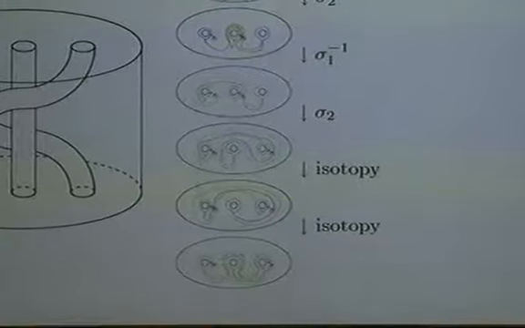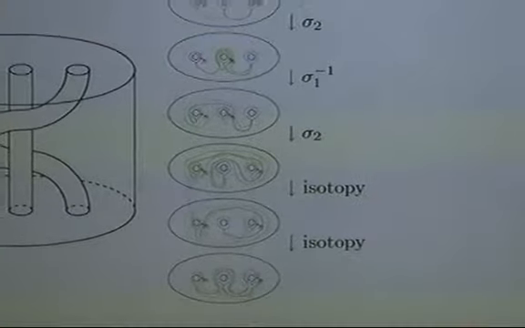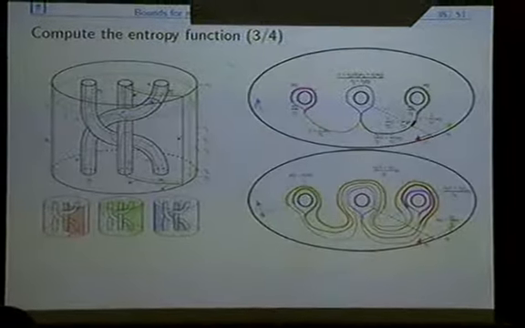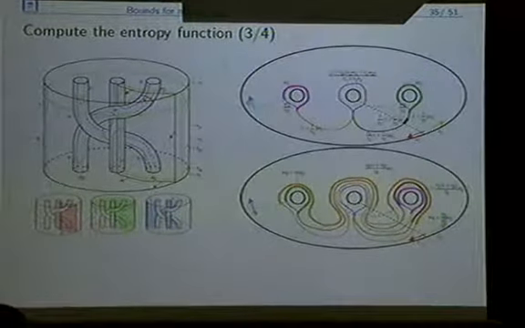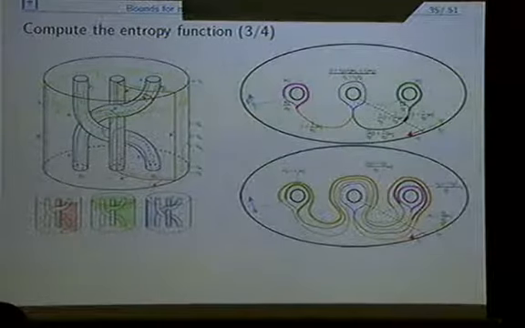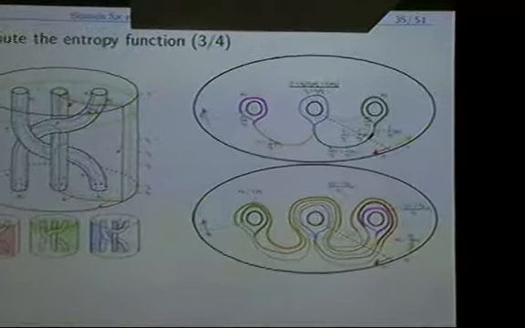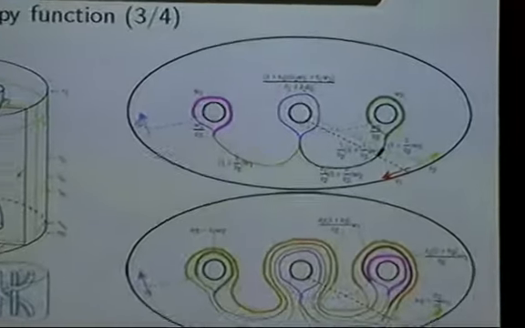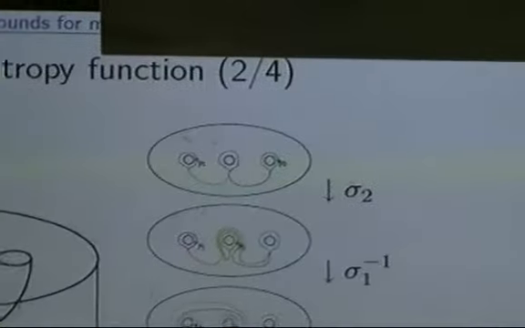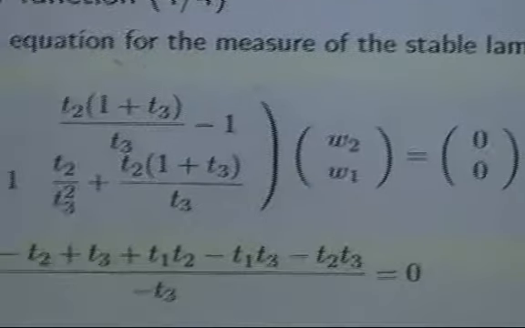And this is some representation of the suspended foliation. And then it's very complicated, but we want to compute some invariant measure. So we put some weights on every part of this graph, and we follow where each weight goes, and we have some equation like this.